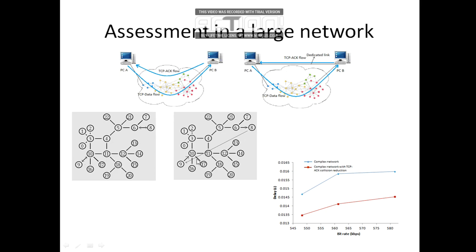The results show consistent TCP delay reduction. When the complex network carries TCP and TCP-ACK on the same network, it produces delay as in this figure. But when the TCP-ACK is routed into the dedicated link, TCP transmission is much faster for every bitrate of videos. This shows that the proposed method works as expected.